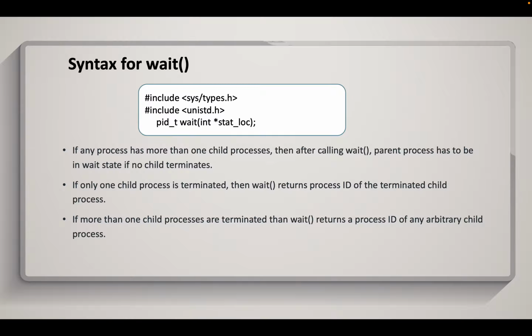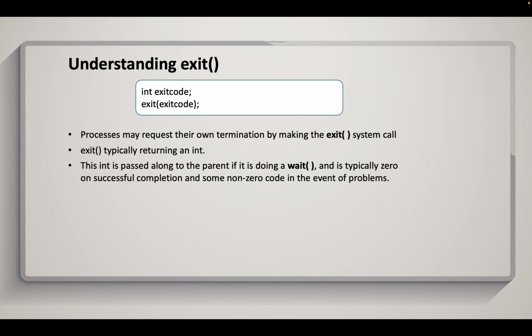If you have more than one child, then the wait argument will mention the address of the child process for which the parent process has to wait. This is the syntax of exit followed by the exit code. A process may request its own termination by executing exit by itself.